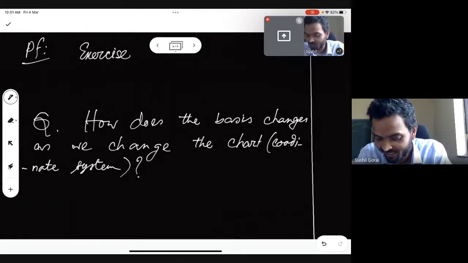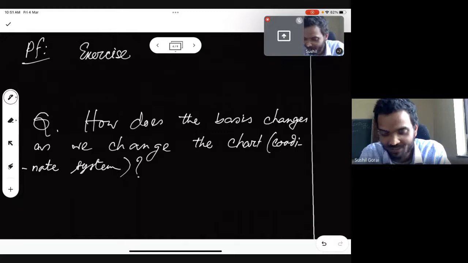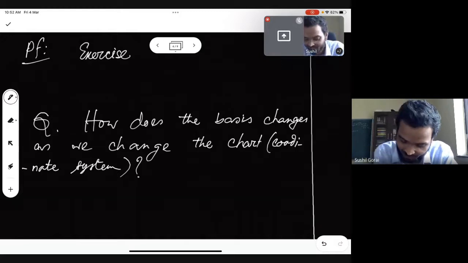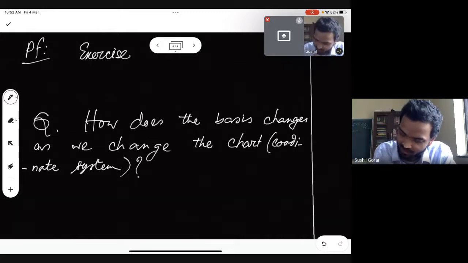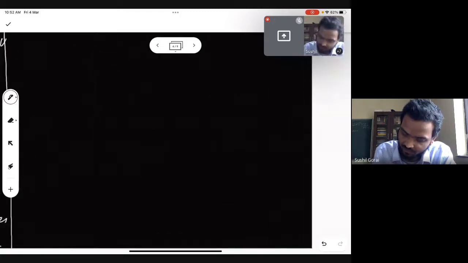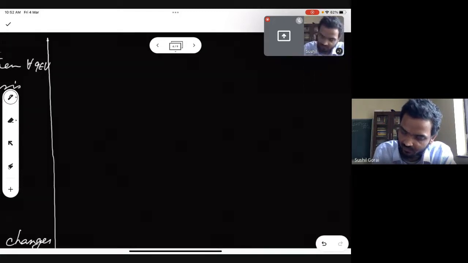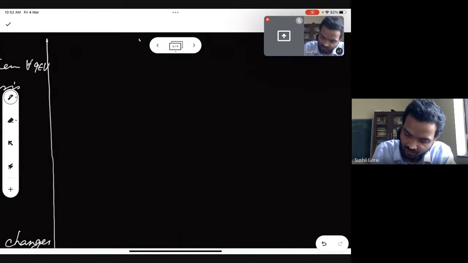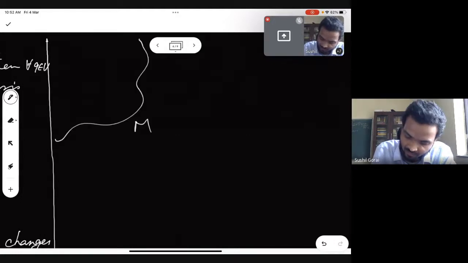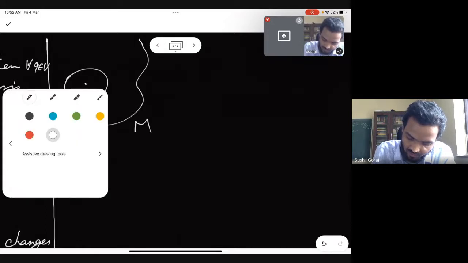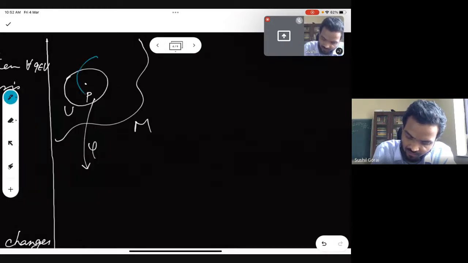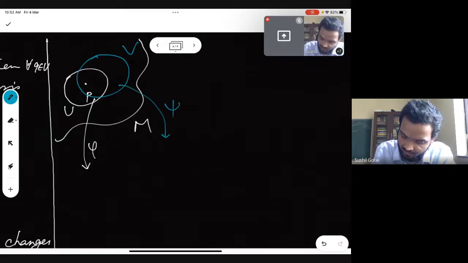So how does the basis change if we change the coordinate system? What does it mean? It means the following. Suppose you have this M, and at P you have two coordinate systems. This is U, and this is P, and we have another coordinate system V, psi.